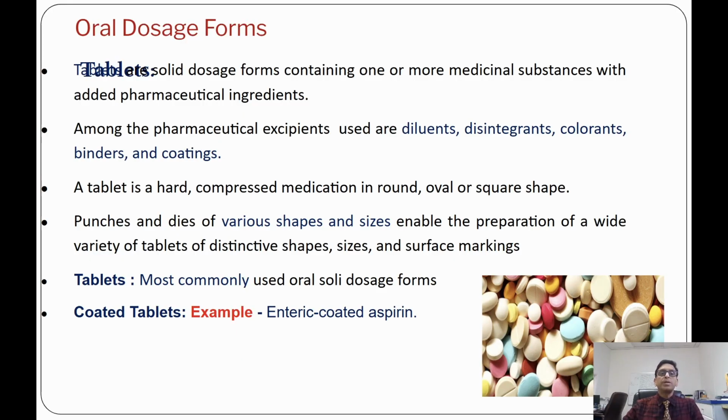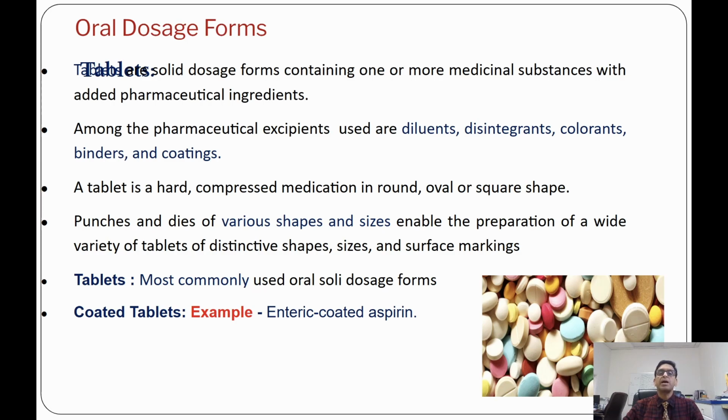Coming to the oral dosage forms, the first one is the tablet. A tablet is considered a solid dosage form containing one or more medicinal substances with added pharmaceutical ingredients. Among the ingredients used in making tablets are diluents, disintegrants, colorants, binders and coatings.